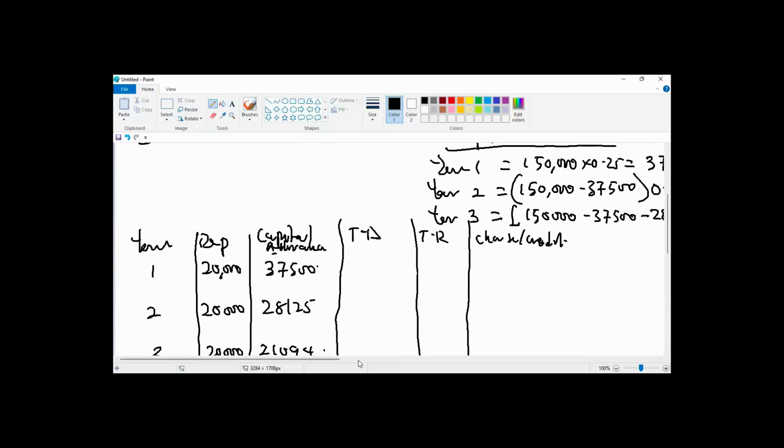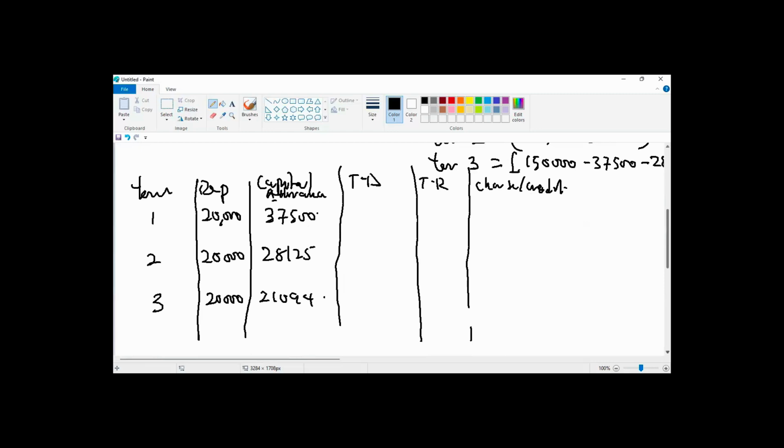Now, this is what the question will give me. The question will not say they buy an asset. It will demand from me the same requirements. Has it created a temporary difference? Yes.